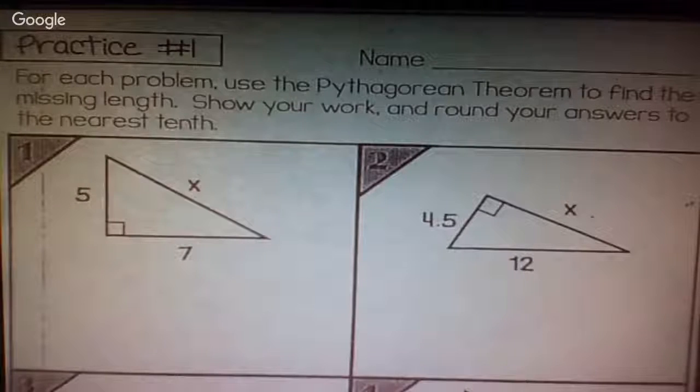Okay. So. All right, so use the Pythagorean theorem. First off, what do I need in order to use the Pythagorean theorem? To know what it is. So what is it?